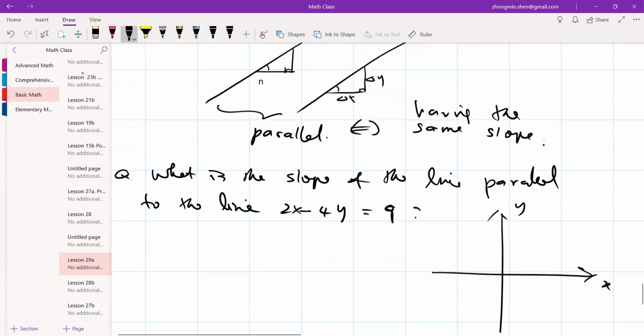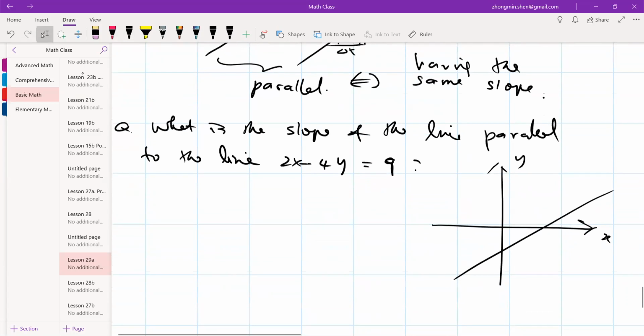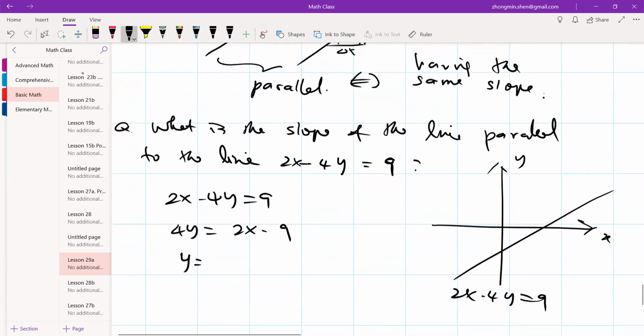Okay, so this is the line 2x minus 4y equals 9. You can express it in the form 4y equals 2x minus 9, so y equals 1/2 x minus 9/4.